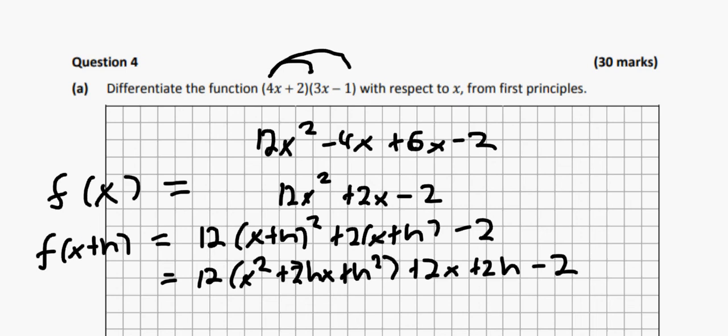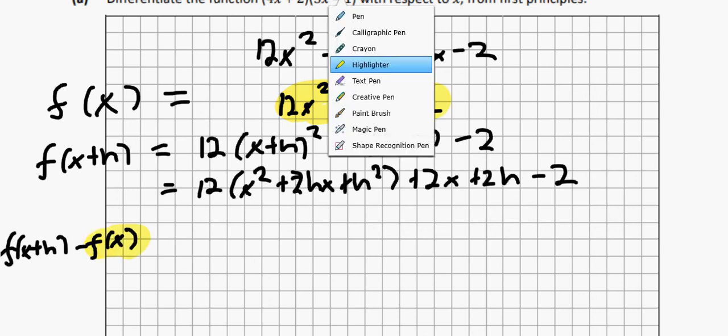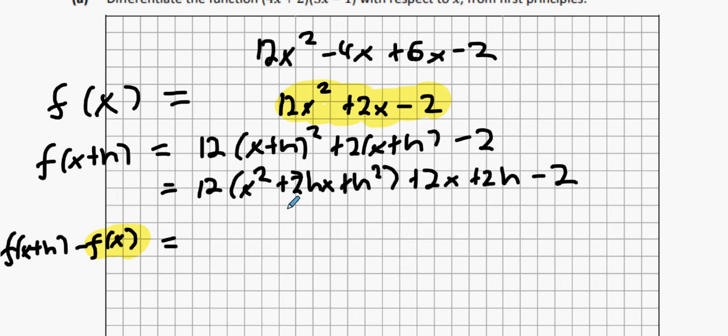Okay, next step I'm going to do is f of x plus h minus f of x. F of x being the yellow region here. Okay, I'm going to finish off f of x plus h, so it's going to be 12x squared plus 24hx plus 12h squared plus 2x plus 2h minus 2.